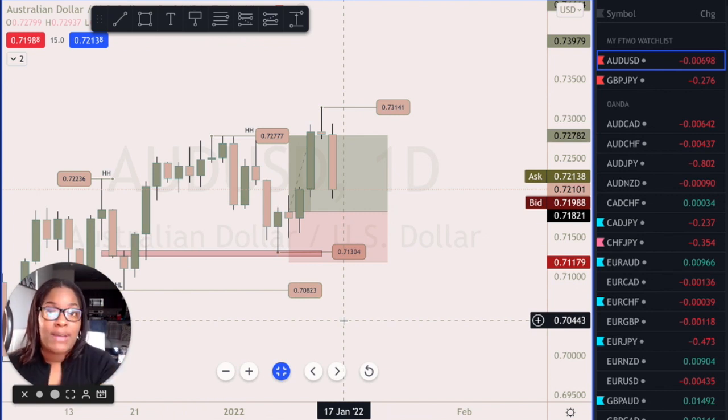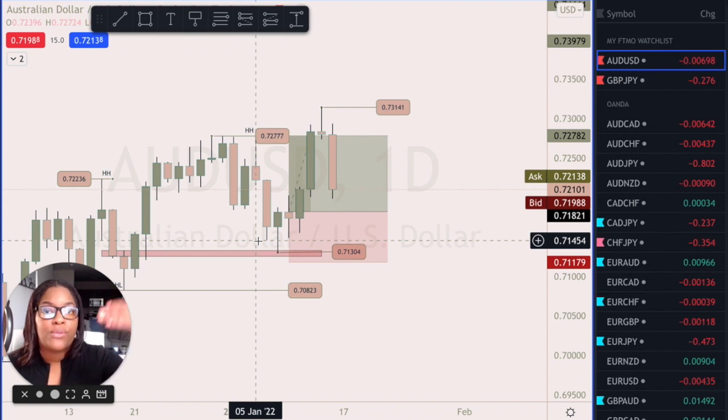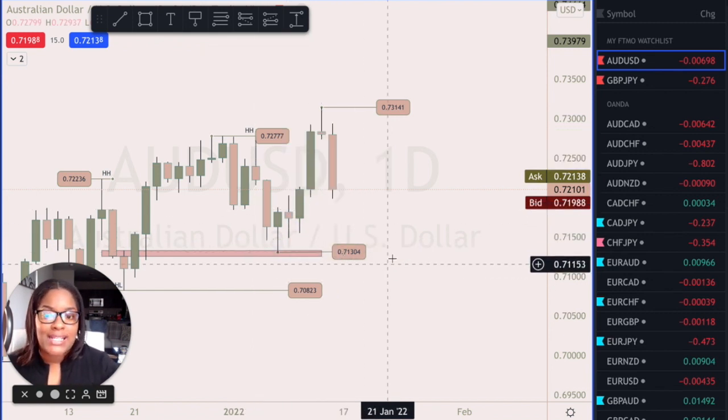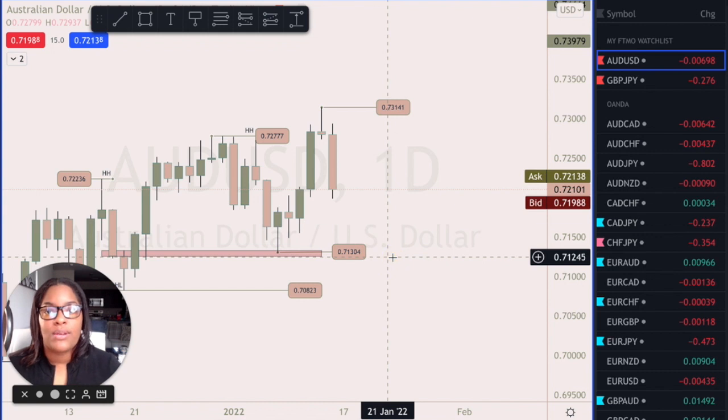Now, if you watch my YouTube videos from last week, this is an area I was telling you guys I'm anticipating price to get back to, and it did, and that provided a nice move to the upside. Now we are still trending. So let's go into how this strategy can work this week, especially if price can stay above 0.71304.